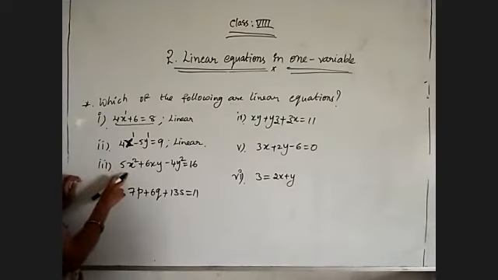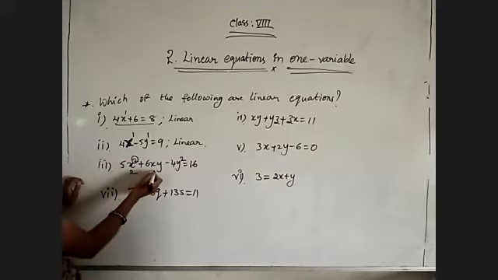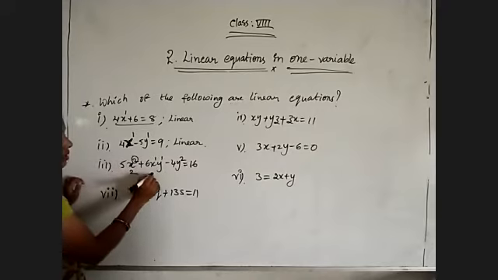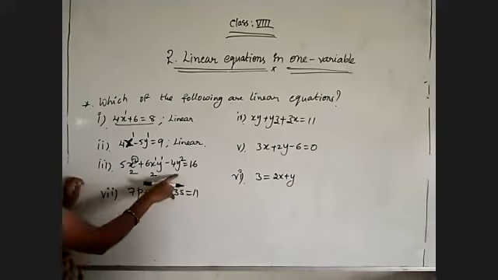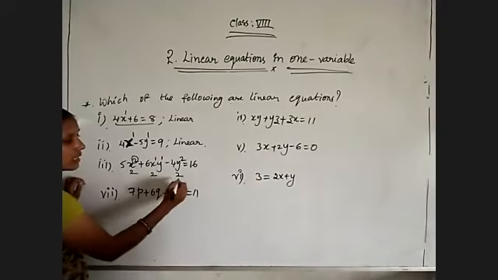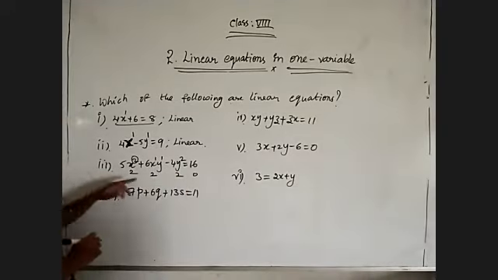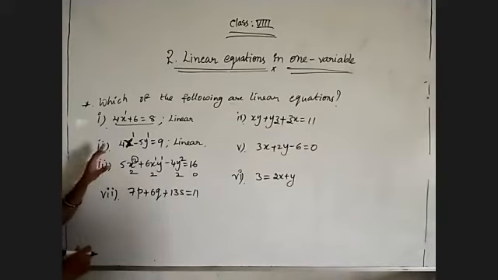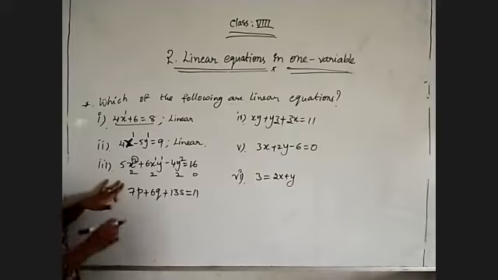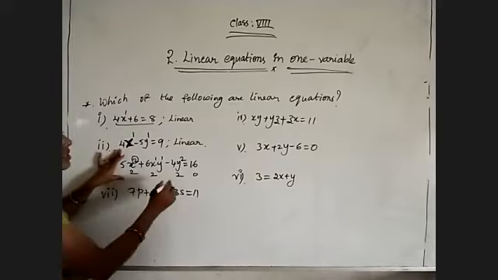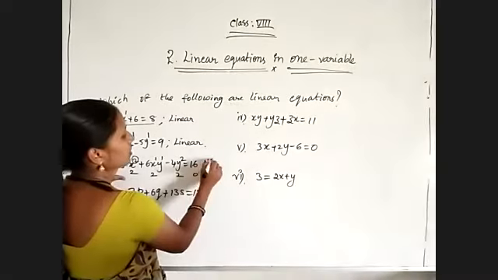Then coming to the third question. First term degree is 2. Highest power is 2. And second term 1, 1, 2 completely. So third term also 2 and the constant term is 0. So the highest value of these terms is 2. So the degree of this equation is 2. So is that a linear equation? No, if the degree of the equation is 2, it is not a linear equation.